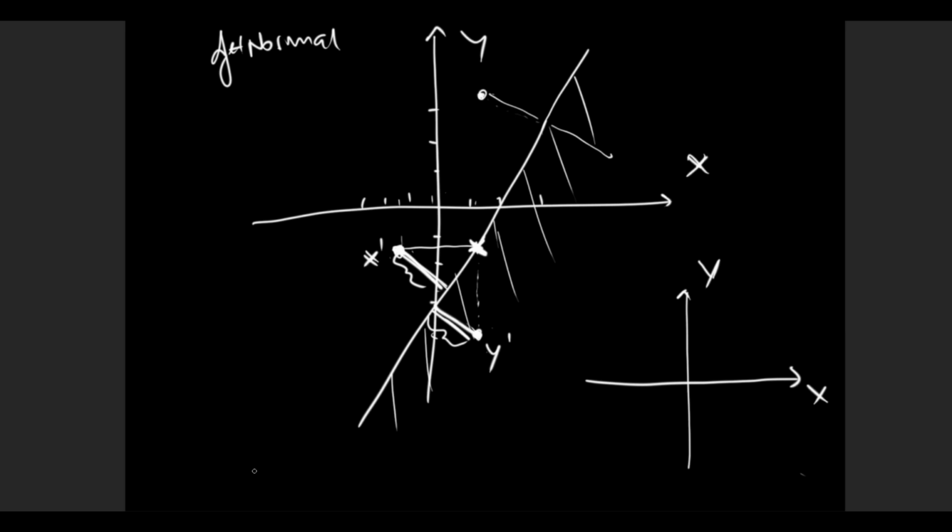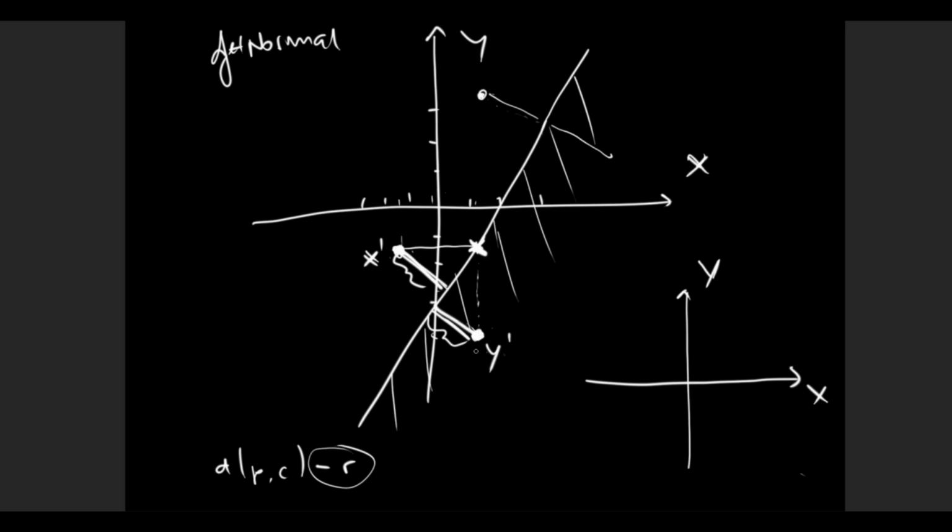So the formula was the distance between P and C, minus the radius. Exactly. So the distance between this point and the center is smaller than the radius, right?